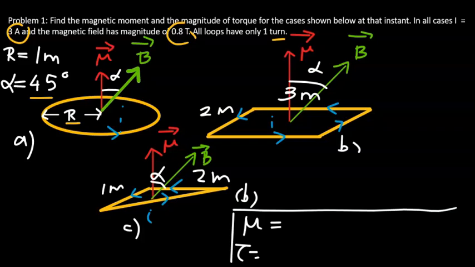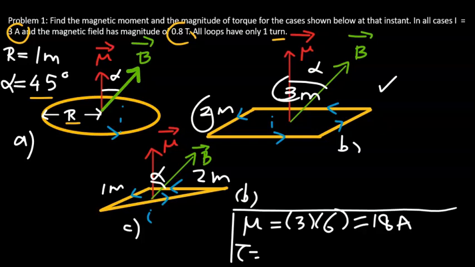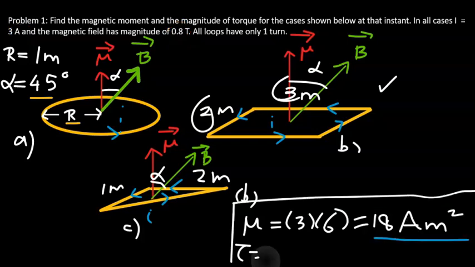Next, let's do part B, the rectangular loop. So the current is still 3, and the area of the loop is 2 times 3, so that is 6 meters squared, and you get 18 ampere meters squared. So now the torque is given by mu times B times sine alpha.